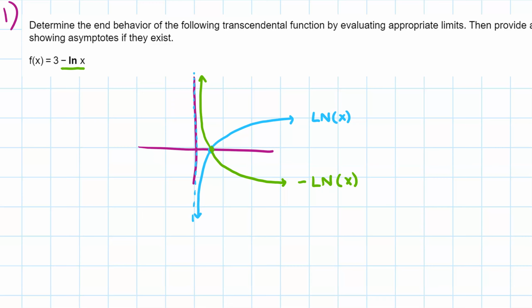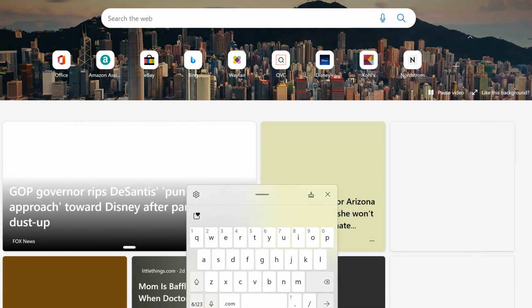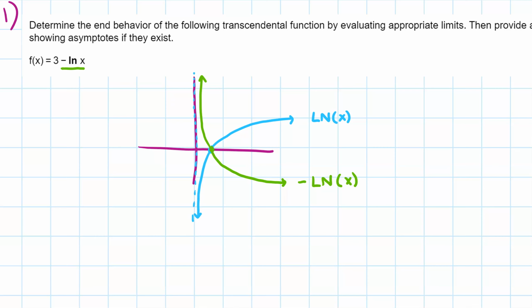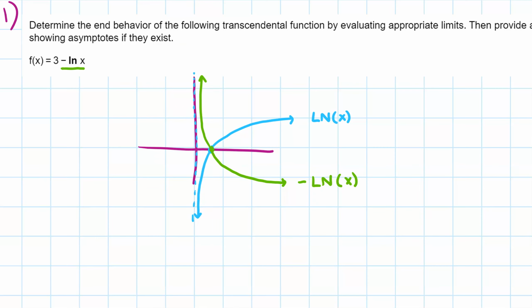Okay, so now the last thing we need to do is then add 3, right? This is positive 3. So adding 3 is going to move our graph up 3. So this point that I'm focusing on here, (1, 0), will go up to (1, 3), but the graph is not going to move left or right.